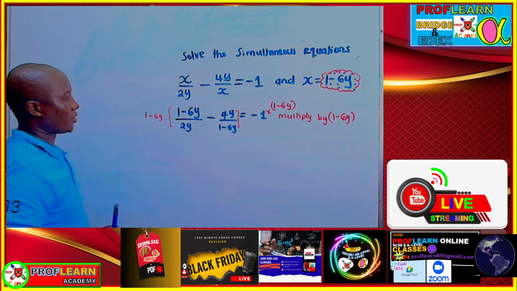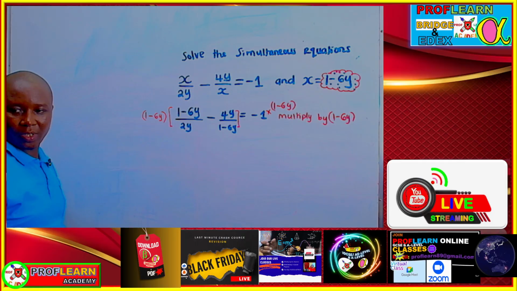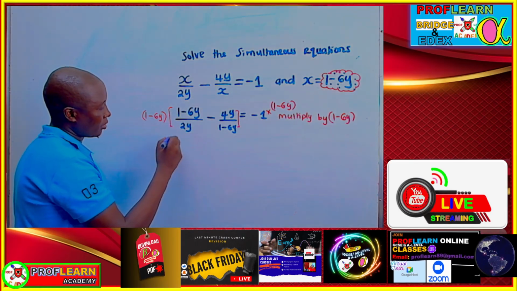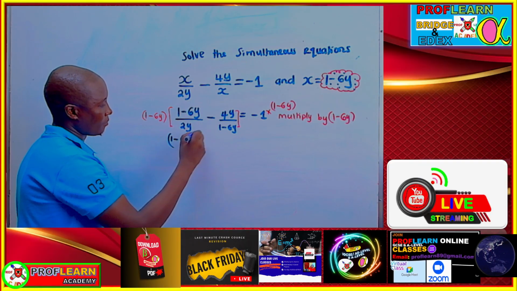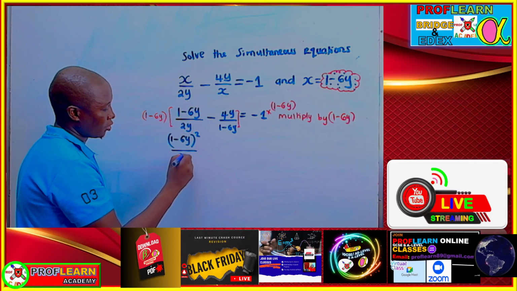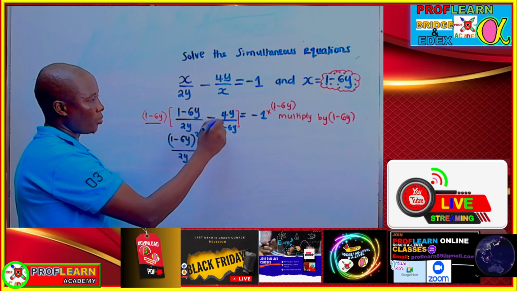At that point, you have to agree with me that this part we're having here is going to be 1 minus 6y squared.